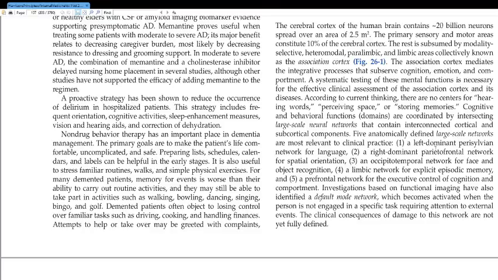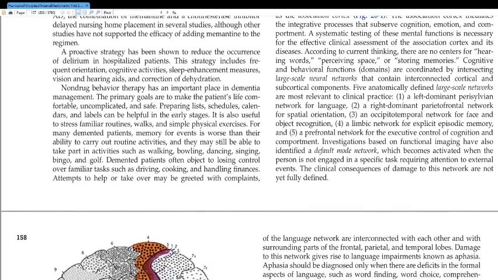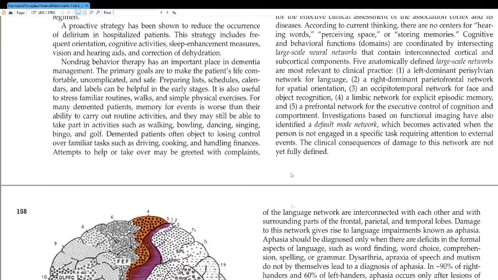The first is a left dominant perisylvian network for language, a right dominant parieto-frontal network for spatial orientation, an occipitotemporal network for face and object recognition, a limbic network for explicit episodic memory, and a prefrontal network for executive control of cognition and comportment.